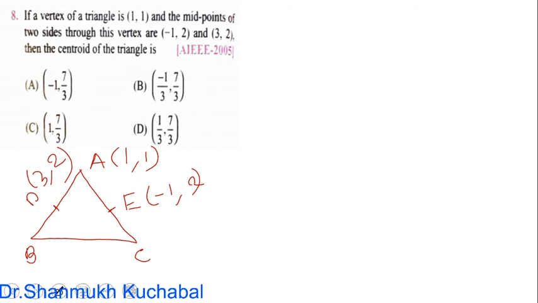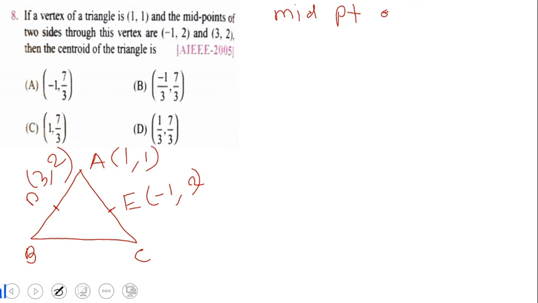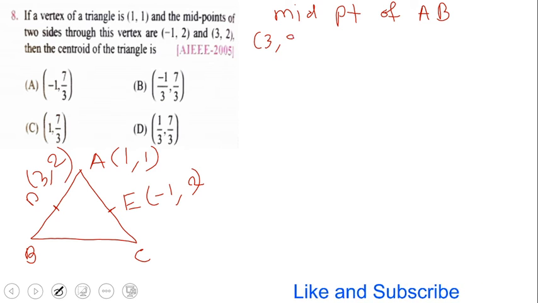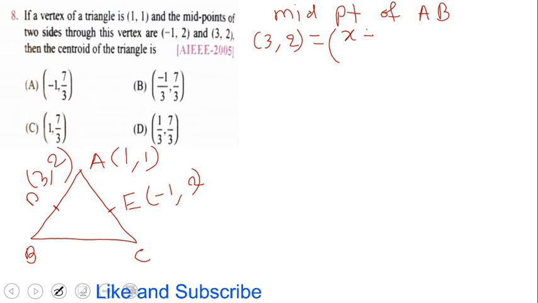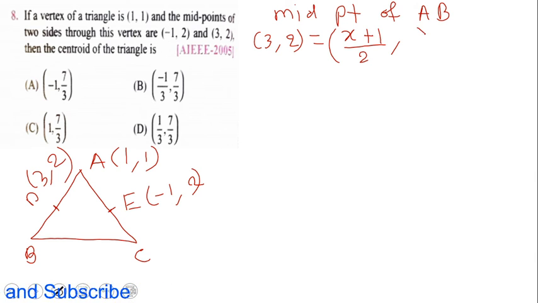So the midpoint of AB is (3, 2), equal to, for point B which we don't know, taking it as (x, y), ((x plus 1) by 2, (y plus 1) by 2).